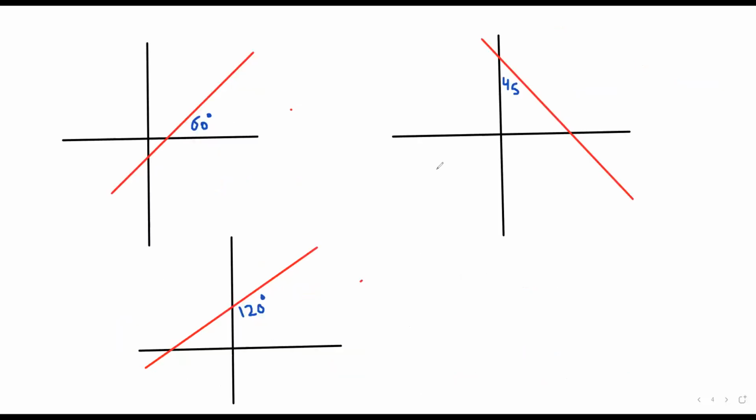Okay. We can find the slope by using this rule. It's tan theta. That's the slope. What is this theta? Theta is the angle between the line and the positive direction of x-axis.